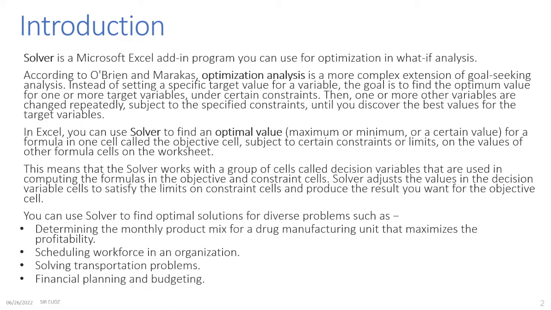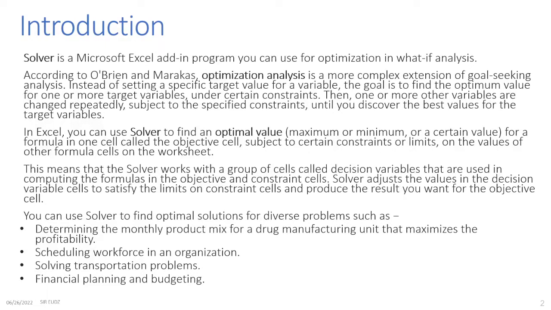In Excel, you can use Solver to find an optimal value, the maximum or minimum, or a certain value, for a formula in one cell called the objective cell, subject to certain constraints or limits on the values of other formula cells on the worksheet.